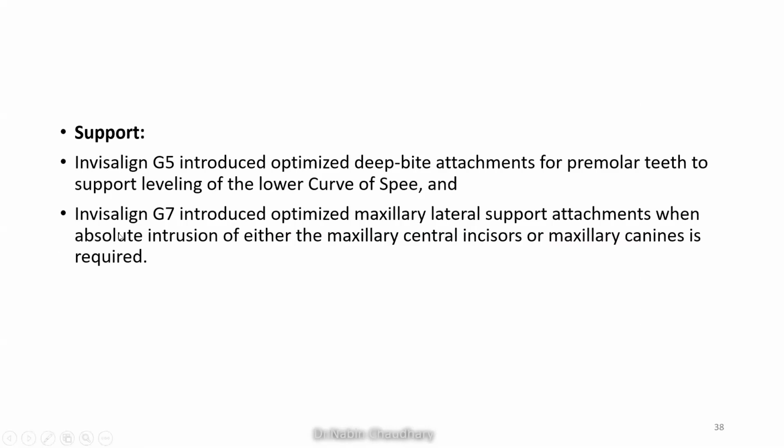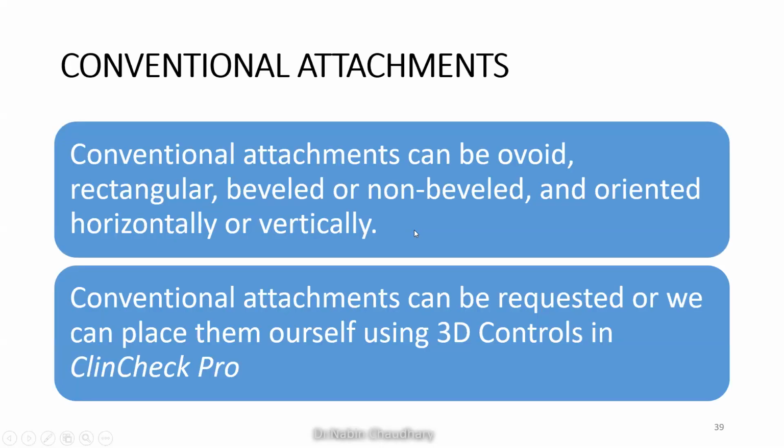And in Invisalign G7, they introduced the optimized lateral incisor attachments so that they can provide support for the absolute intrusion of either the maxillary central incisor or the maxillary canine, which can be performed through the use of the support attachment on the maxillary lateral incisor.